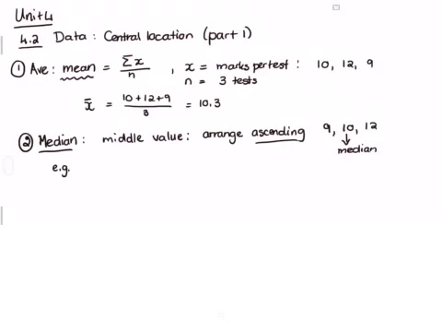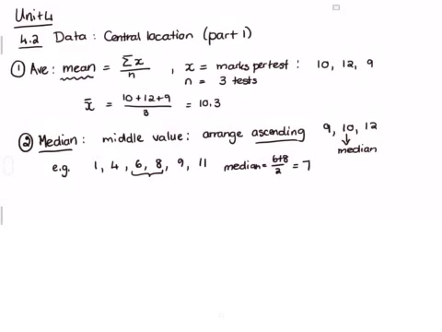Let's just look at what if you had an even number of numbers. There are 2 numbers in the middle. Then your median, and this is the only little bit of calculation you would ever do for a median, is simply the mean of the middle 2 values.